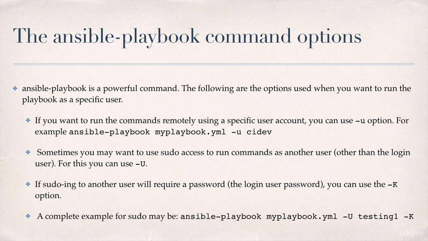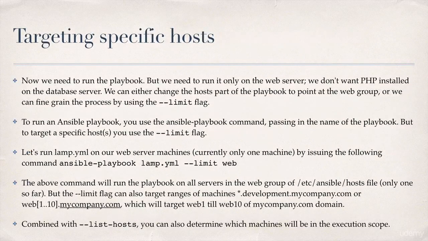A complete example of sudo may be ansible-playbook myplaybook.yml, which is the playbook that we're going to use, -U capital testing1, which is the user, -K to make Ansible ask for a password. This is just a brief introduction to ansible-playbook, how powerful it can be, and the different command line options that it can use. You can also target specific hosts using ansible-playbook.